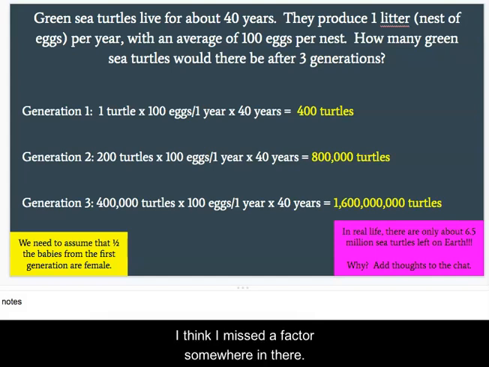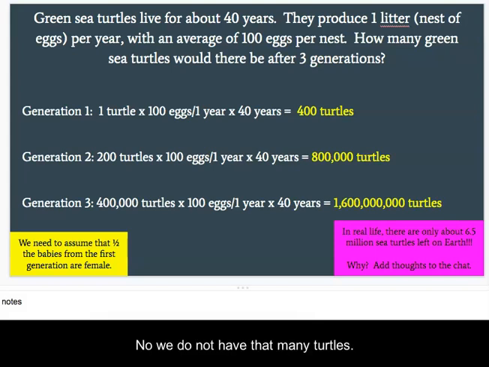Oh, I think I missed a factor somewhere in there. No, we do not have that many turtles. We, in real life, have only about 6.5 million sea turtles left on Earth.